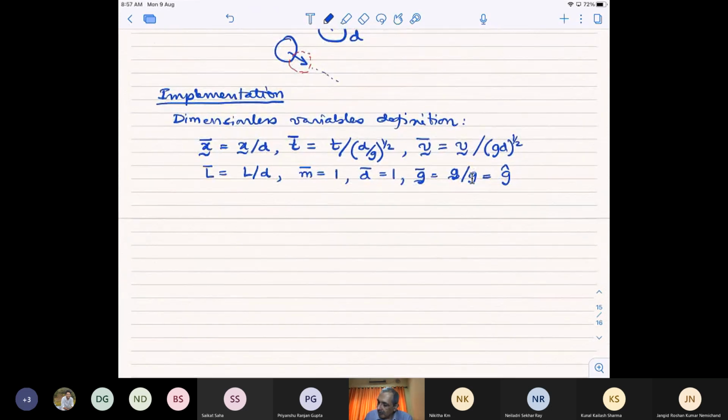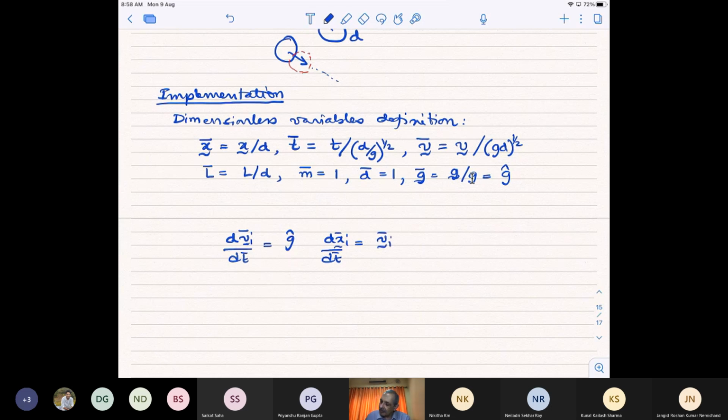And the equation can now be written as just, I'm sorry, you don't have any mass or diameter coming in. So dvi bar by dt bar is equal to g hat, and then dxi bar by dt bar is equal to vi bar.